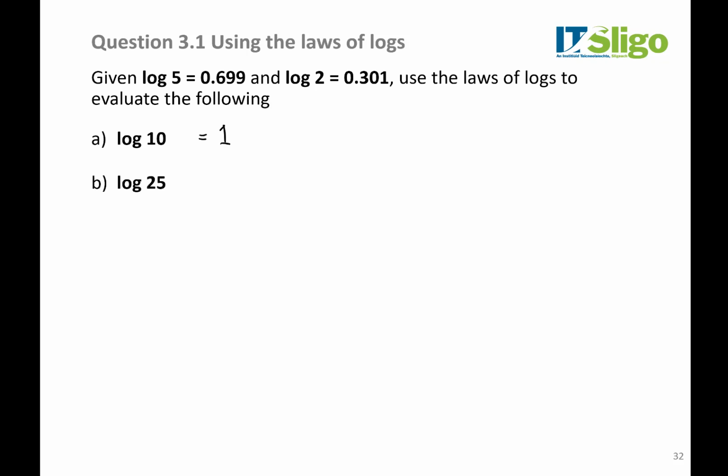The log of 25, now there's a few ways we could do it. We could say it's the log of 5 by 5, but I'm going to use the square rule. I'm going to say it's the log of 5 squared. Now using rule 3, we're going in the opposite direction and I'm going to bring the power down.